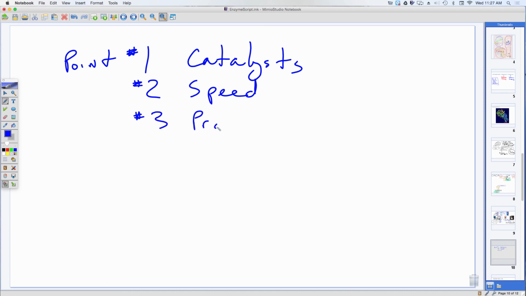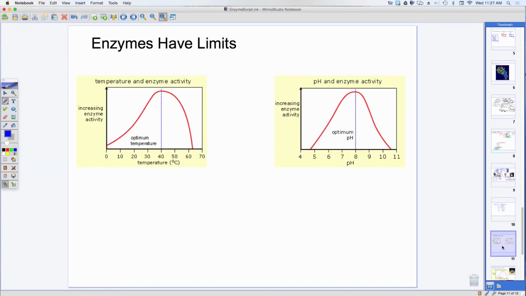That's point 2. They are proteins. They are coded by your genes. We can always recognize an enzyme because they end in ASE. And then finally, not all environments are perfect for all enzymes.